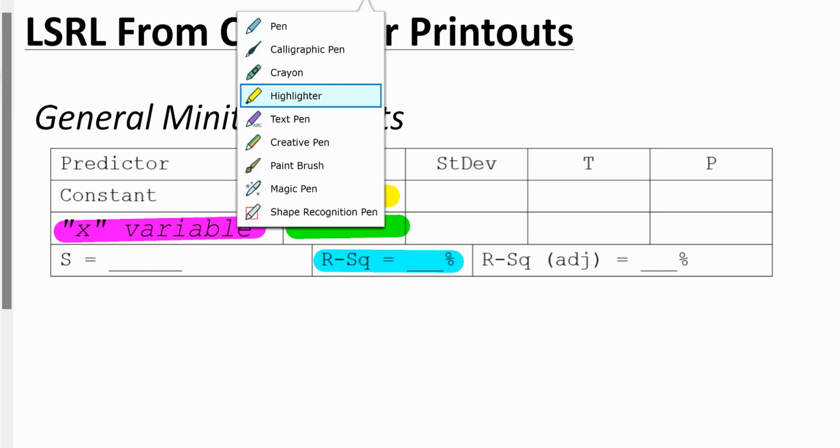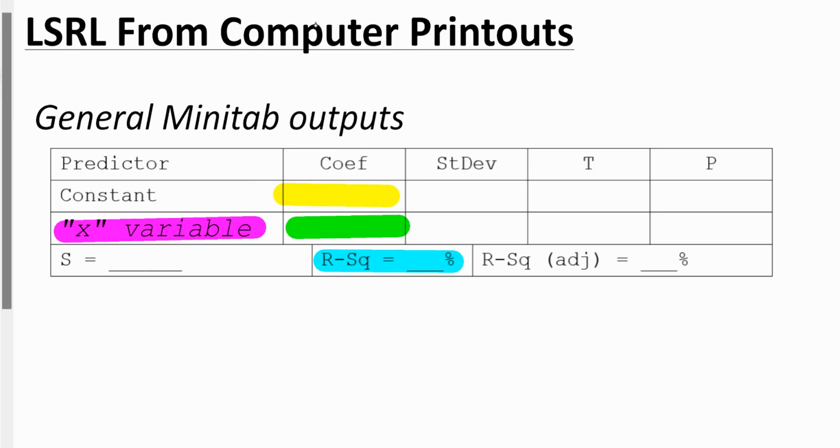So basically, if you're given this computer printout, which is kind of common in stats, there are different computer programs used for statistical analysis, and this might be given. It will give you a constant. A constant is going to be whatever your y-intercept is. So the constant is the number that's just there. That's going to be your a value. The x variable will be listed, whatever it is.